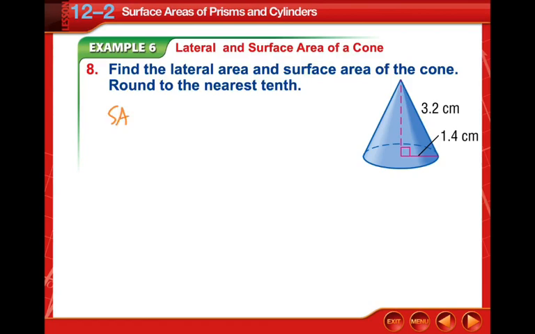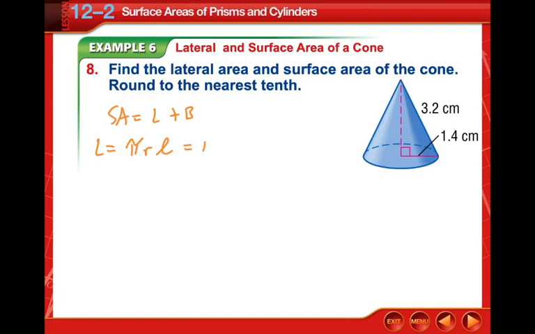So again, the surface area requires us to find lateral area in the process. So the lateral area of this is going to be 1/2 the circumference, or in this case, it's just pi r L, because it'd be 2 pi r for the circumference of the circle, which is the circle's perimeter, and then we'd be multiplying it by 1/2 anyway, so just might as well get rid of that.